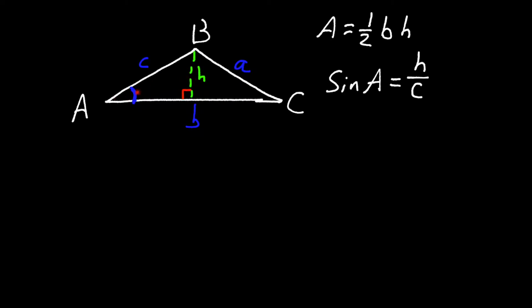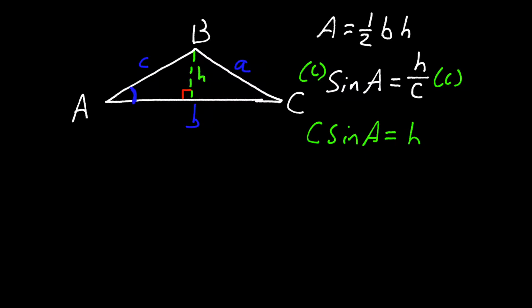And in this case, the opposite side from angle A is the height, and the hypotenuse, opposite our 90-degree angle, is side C. And if I'm looking for that height, I can multiply both sides by c and say that c times the sine of angle A is our height.